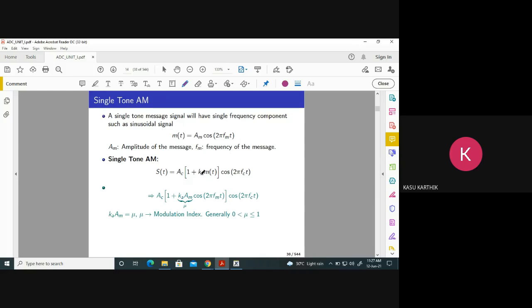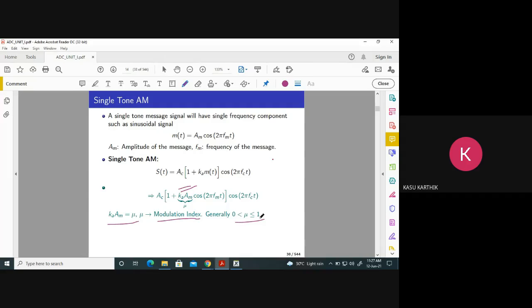Ac [1 plus Ka m of t] cos 2 pi fc t. What is m of t? Am cos 2 pi fm t. Now this term Ka into Am is called mu. What is mu called? Modulation index. Typically it is from 0 to 1.